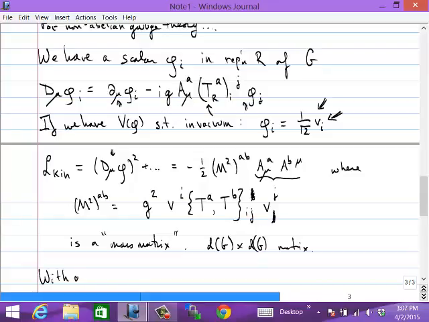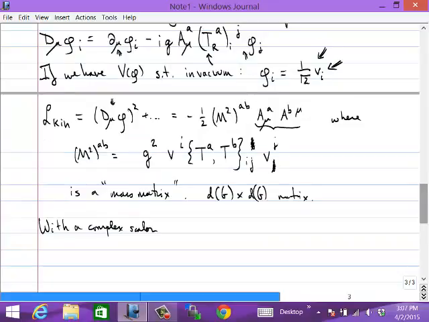With a complex scalar field, corresponding to some complex representation of the gauge group, you would have a very similar expression, except you would have the complex conjugate of one of these vectors here.